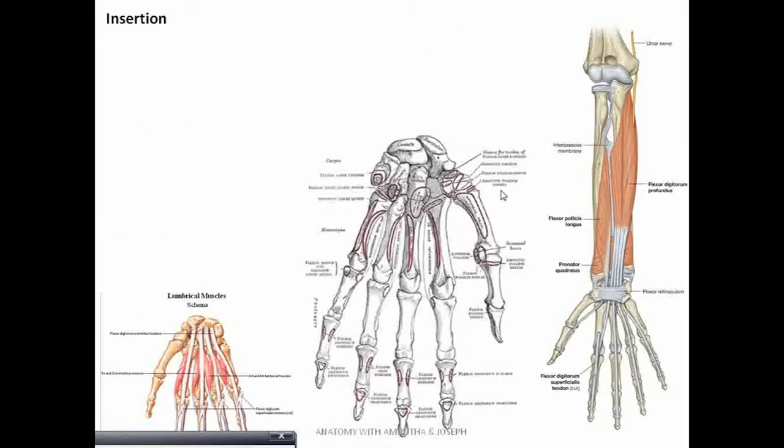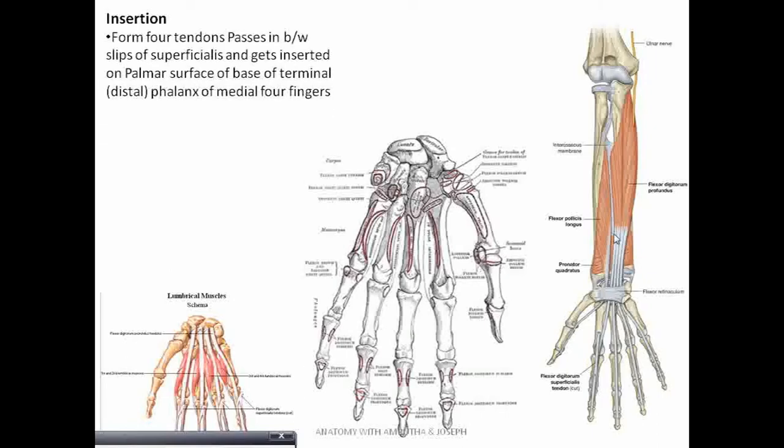Insertion. Now it forms 4 tendons like flexor digitorum superficialis, and it is inserted to the palmar surface of the base of the terminal phalanx of the medial four fingers. So after dividing into 4 tendons, it passes through the flexor retinaculum and then reaches the medial 4 fingers.